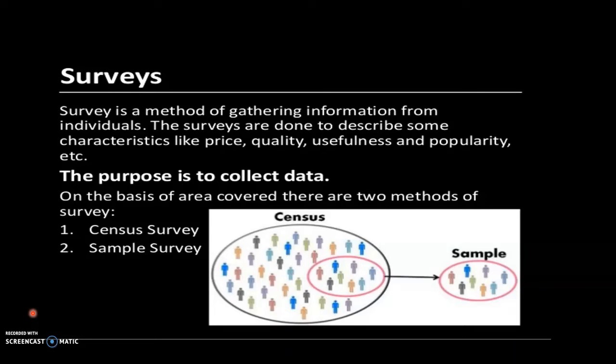Do you know how a manufacturer decides about a product? Or how a political party decides about a candidate? Yes, they conduct a survey by asking questions about a particular product or candidate from a large group of people. So, what do you mean by survey?